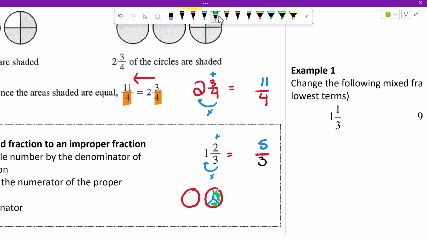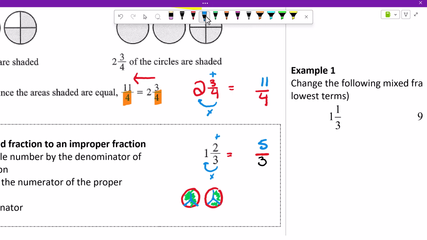The other one says this whole thing is shaded. To go to this version, all it's saying is let's take that whole one and break it up into the lines like this. Now altogether, how many are shaded? We have 2 here and 3 here. We have 5 altogether.